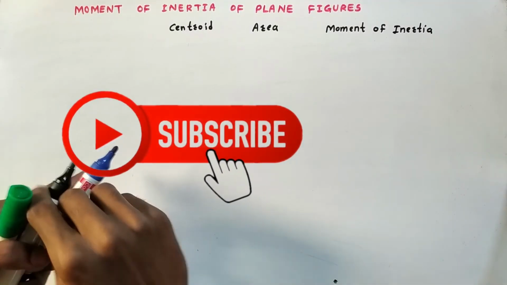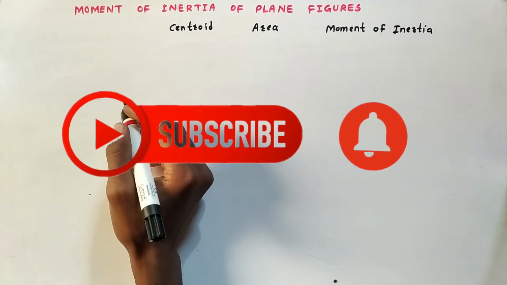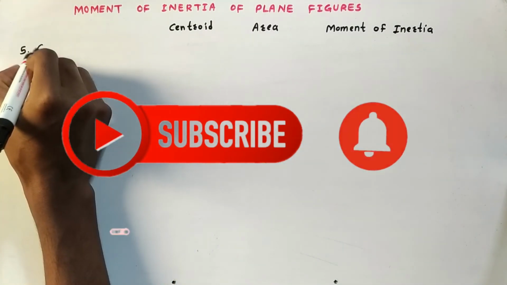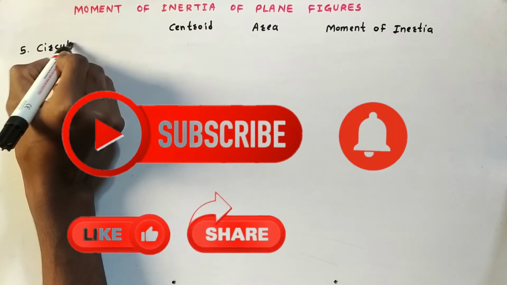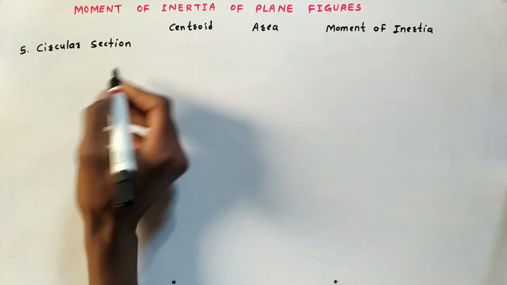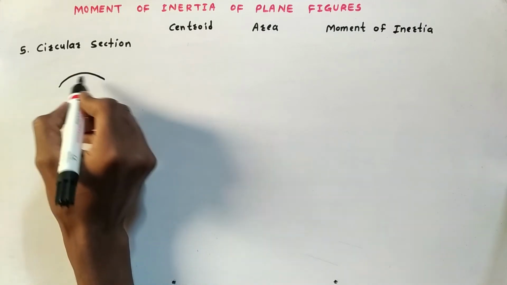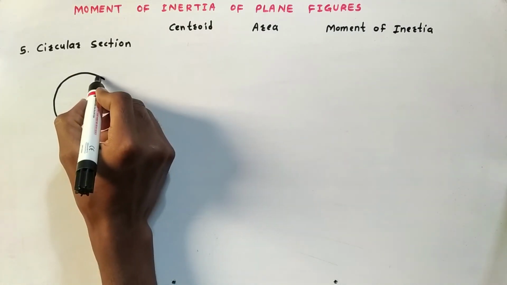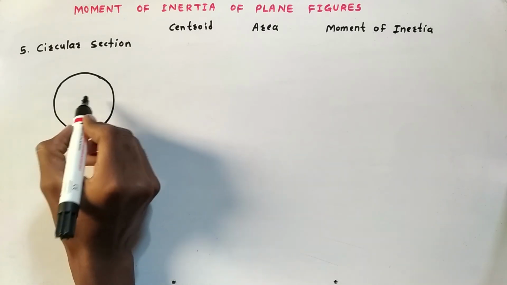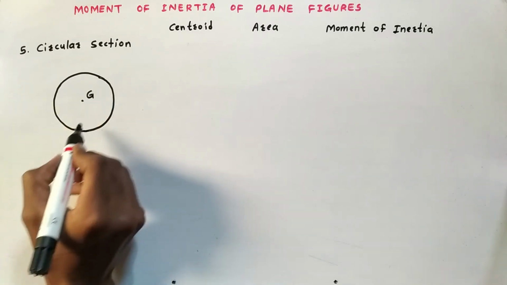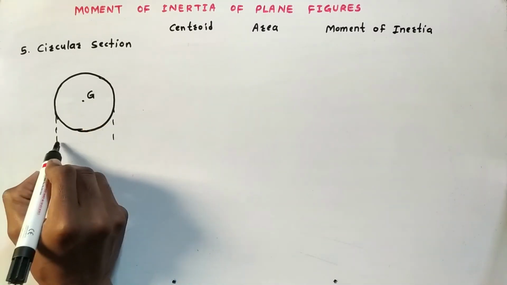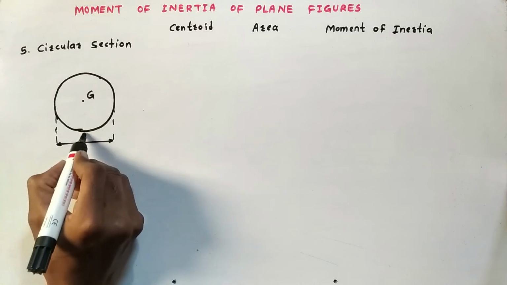Now see, the fifth section is the circular section. So here draw one circle of diameter D and center G. So the diameter of the circle is small d.